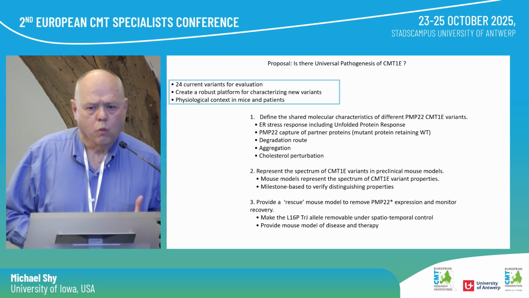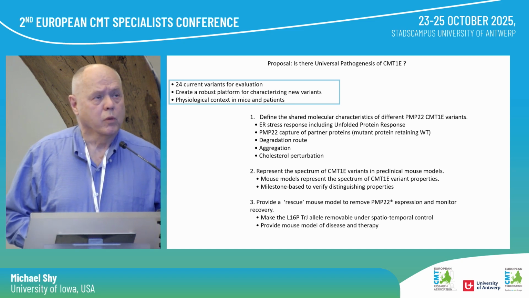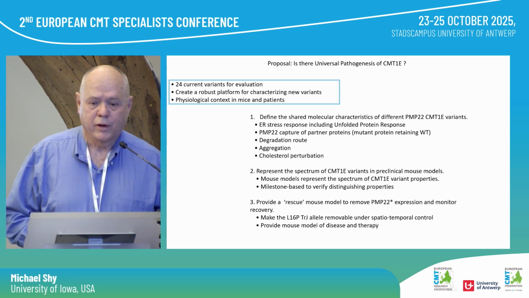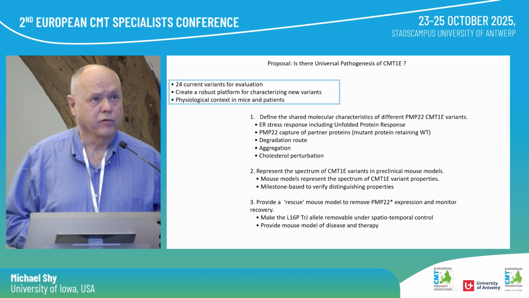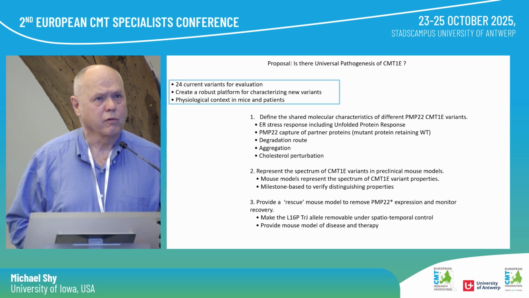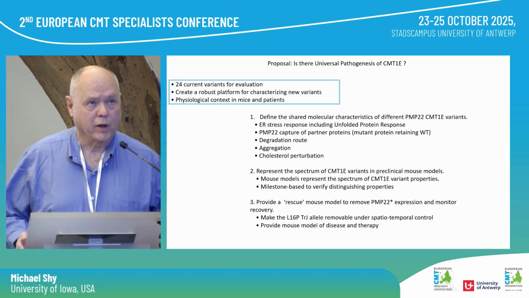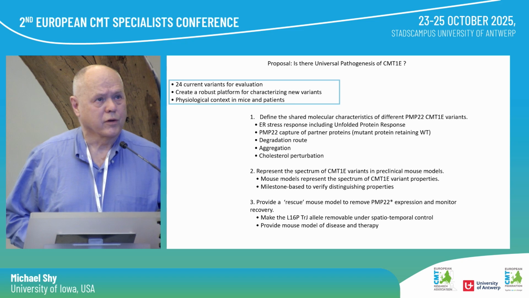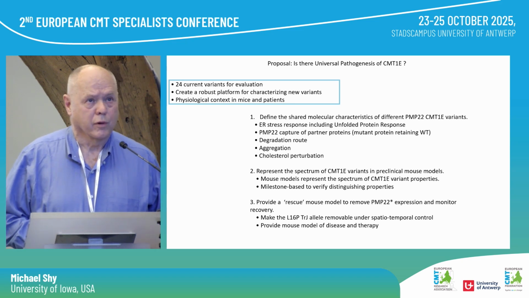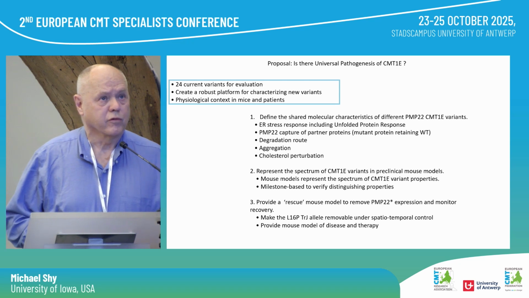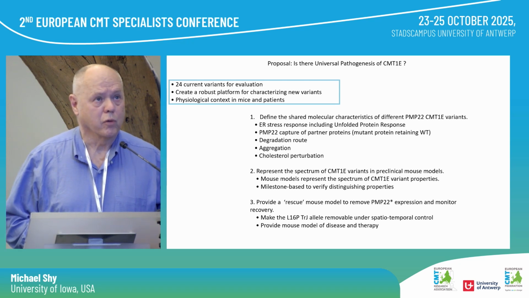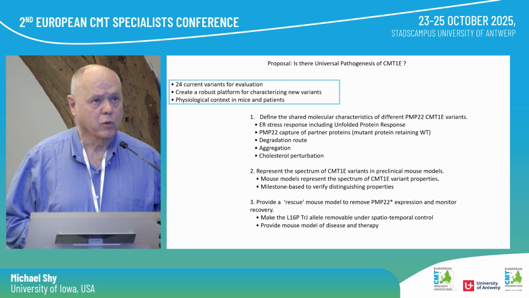So where we're going with this is we want to move forward to really try to get an understanding of the pathogenesis, and using our cell lines, really look at the UPR, but also look at other potential mechanisms that can affect the biology of the cell that can contribute to the disease, such as what's happening with the wild-type protein, how these proteins are being degraded.